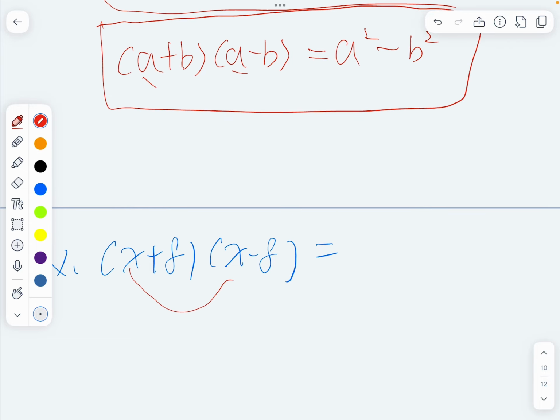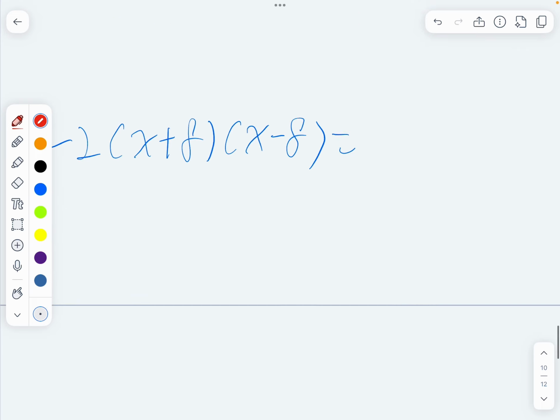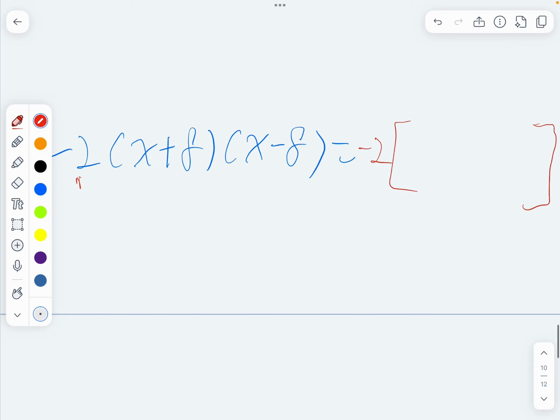For x plus 8 times x minus 8, it is equal to a squared minus b squared, which equals x squared minus 64. Since we have the negative 2 first, we can calculate the inside term first. It's the same, x squared minus 64, and the final one is negative 2 times the negative 2 inside.